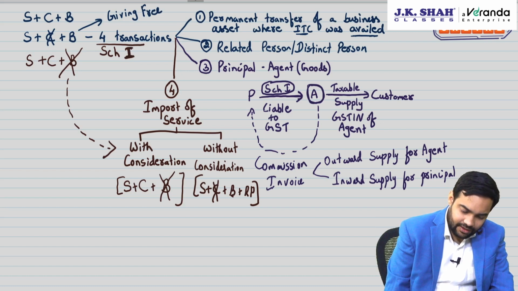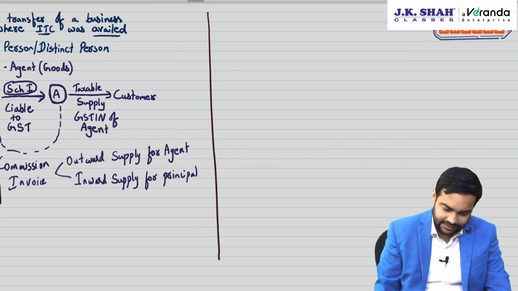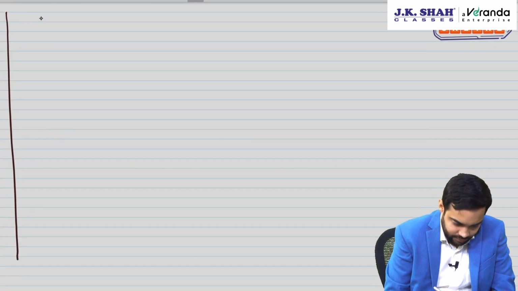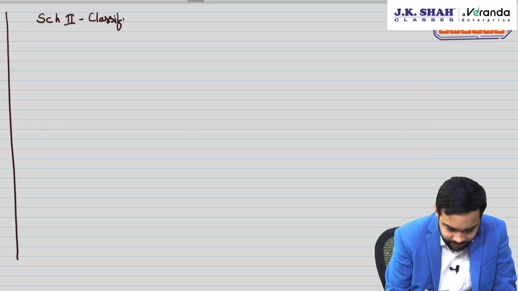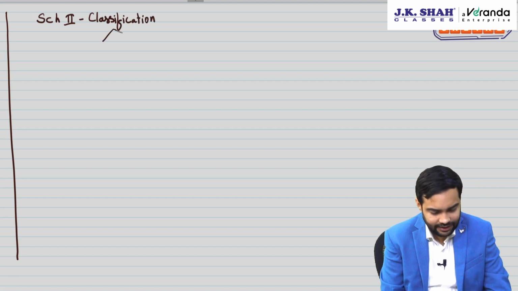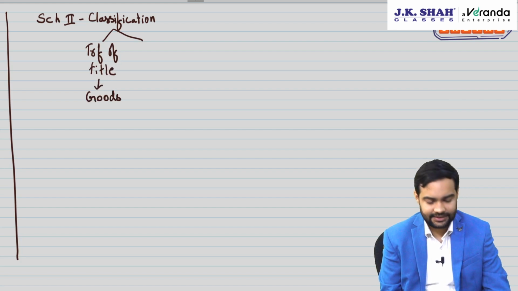Then do we have schedule 2 as well? The answer is yes, we have schedule 2. Now schedule 2 basically provides classification. It says whenever there is a transfer of title in goods, that is ownership is getting transferred, it will be regarded as supply of goods.